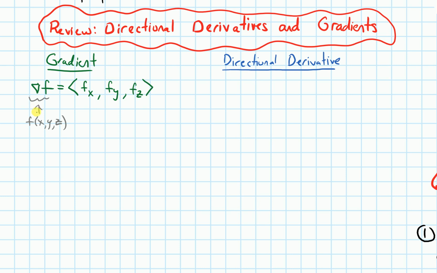If our function only had 2 variables, the gradient vector would just have 2 components, and so on. However many variables the function has, that's how many components the gradient would have.